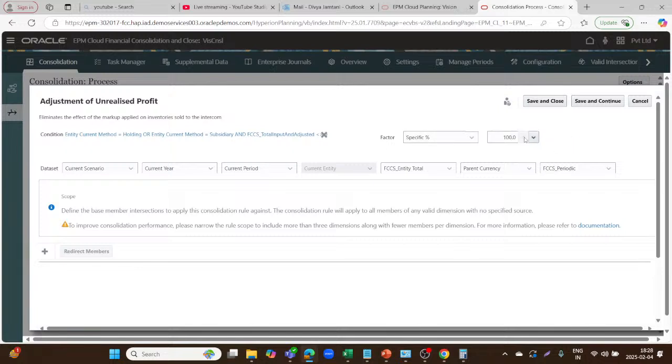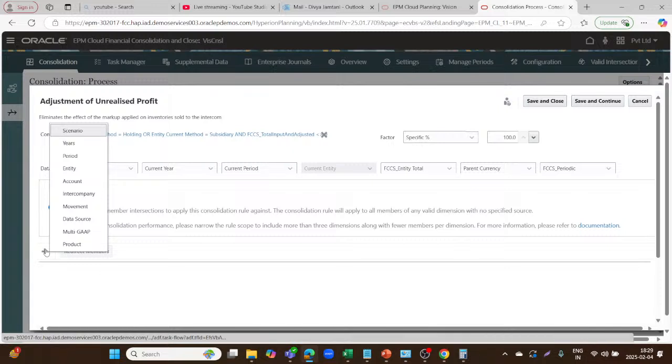So we are saying apply this 100% on the markup value, whatever the markup value is, and adjust that from the unrealized profit or from the inventories where you have entered your markup amount. So for the data set, we are saying we pick the current scenario with the current year, for whatever year you are trying to write this rule for, the current period, and consolidation property is taken as entity, total, currency as parent currency, and view we have taken as periodic.